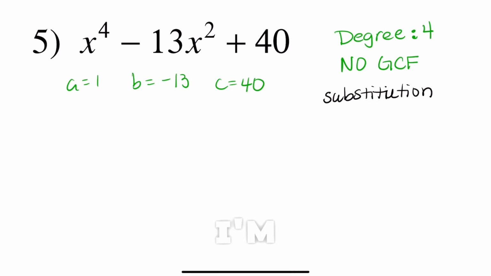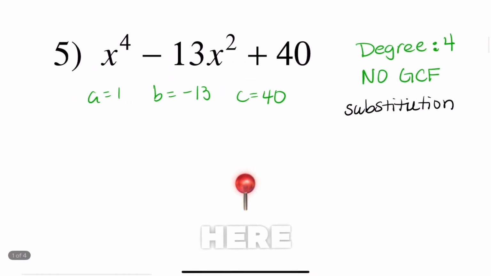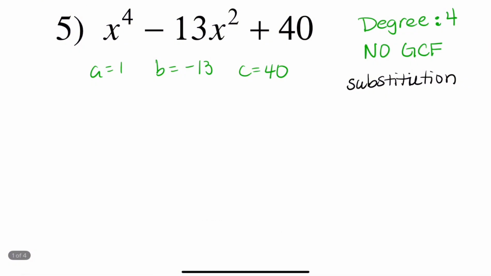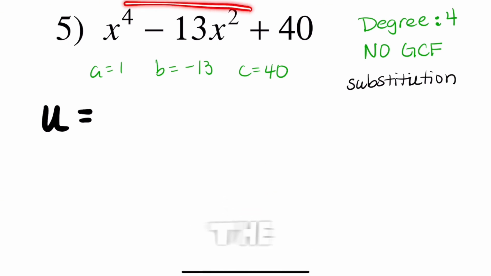So, I'm sure you were thinking in the last example, how do I figure out what I'm going to substitute? So let's do that. We know we're going to be using U here. But what will I use for U? What you're going to do is look at the terms that have the variable.